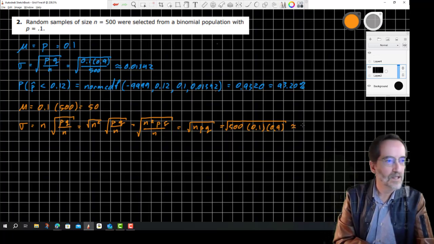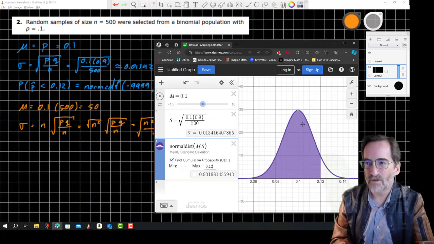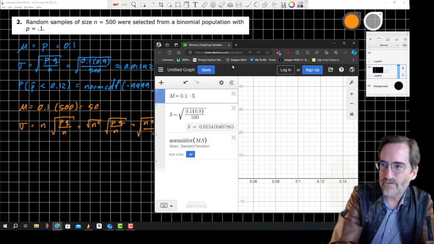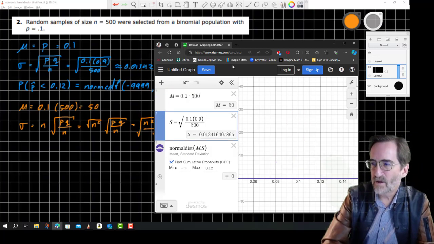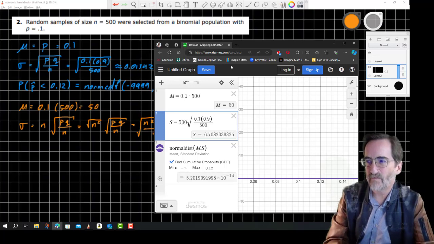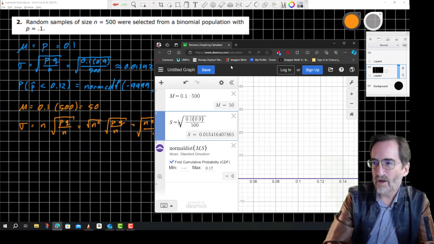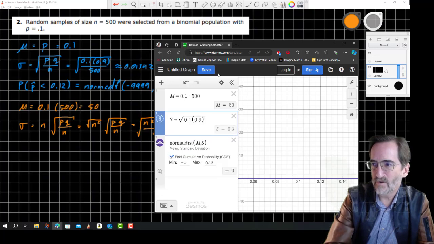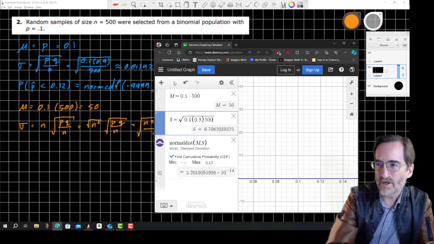approximately, and I'm going to bring up Desmos here again, and the mean is now 0.1 times 500. Okay, and I could do it this way. I could put 500 out front because I know it's just multiplied by 500, or I could change the formula to what I've got here and just multiply by 500 inside.